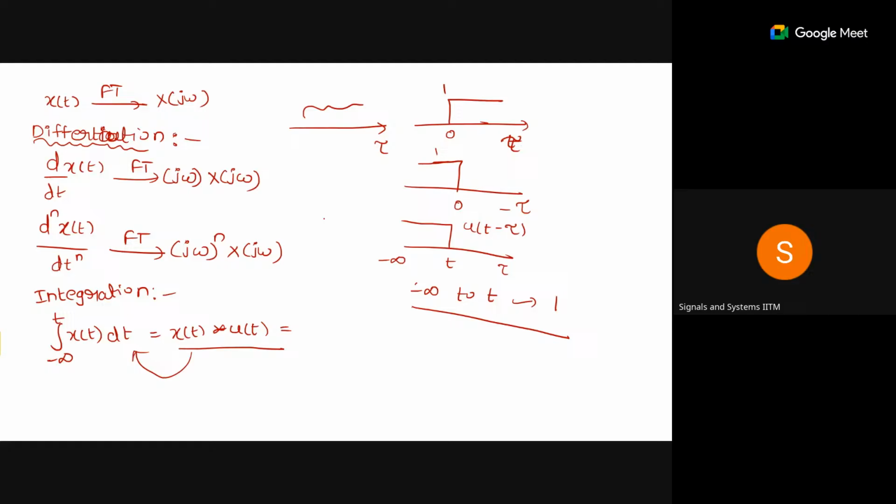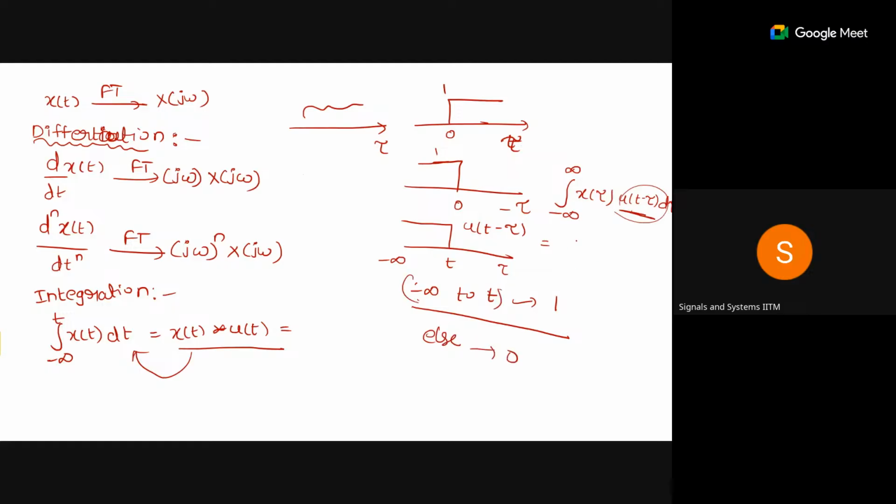So we'll be applying the convolution formula: integral from minus infinity to infinity of x of tau u of t minus tau d tau. Here u of t minus tau will be 1 from minus infinity to t, and otherwise it will be 0.